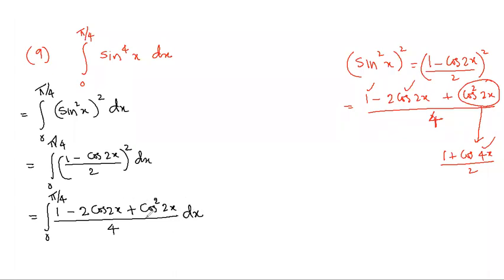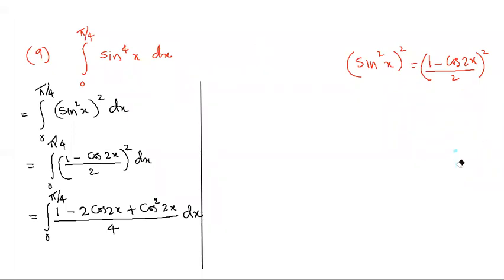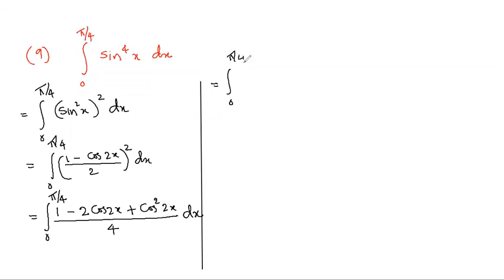Now this cos square 2x will be replaced. Now 0 to pi by 4, 1 minus 2 cos 2x plus cos square 2x will be replaced by 1 plus cos 4x by 2.